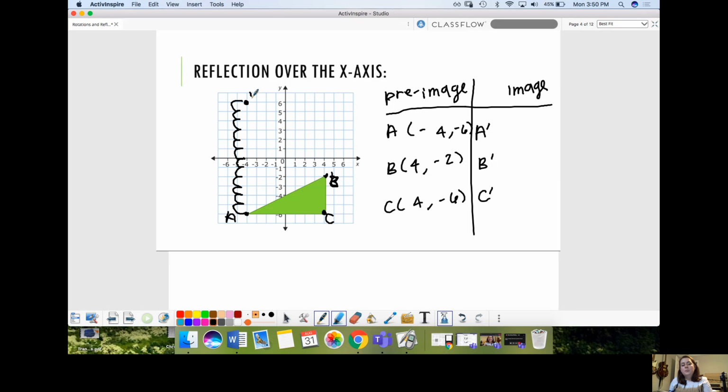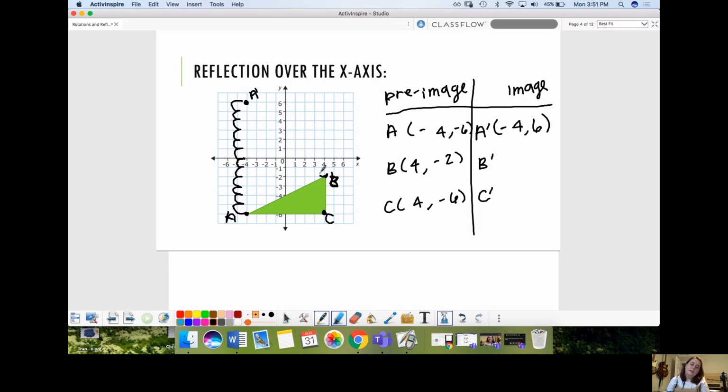So this will be our new point, and we label it as A prime. And so that point, if you look at the ordered pair, our x is at -4, and our y is at 6. And you'll notice that that rule holds true. The x stays as -4, and then the y changes from negative to positive.